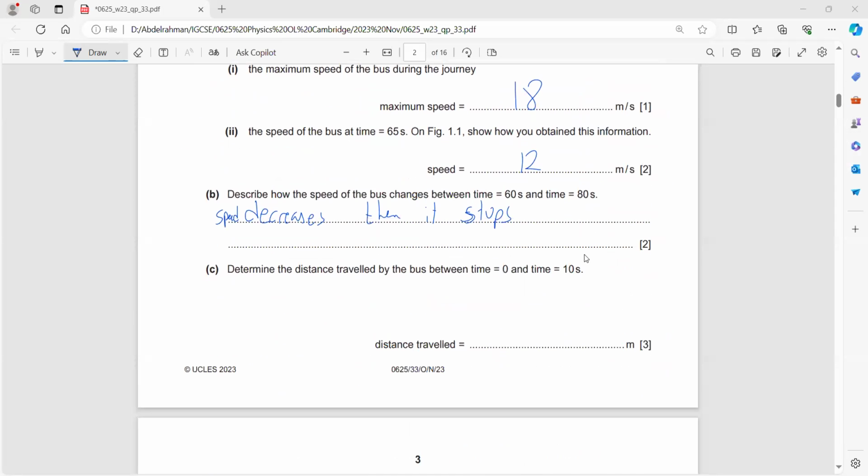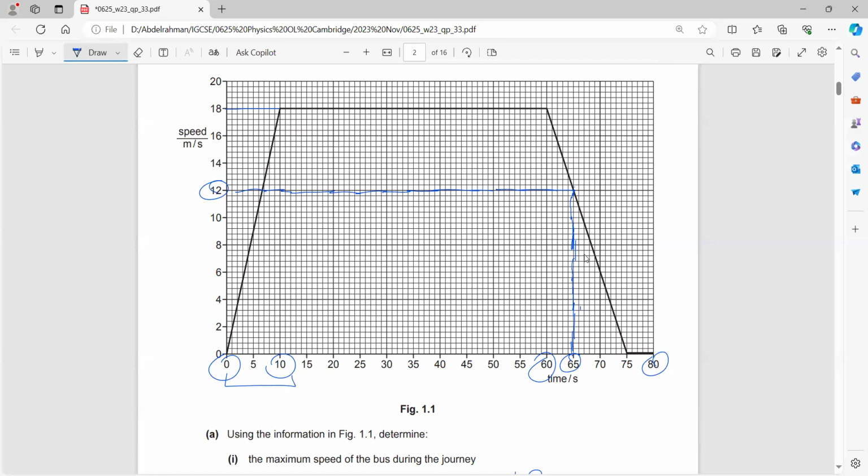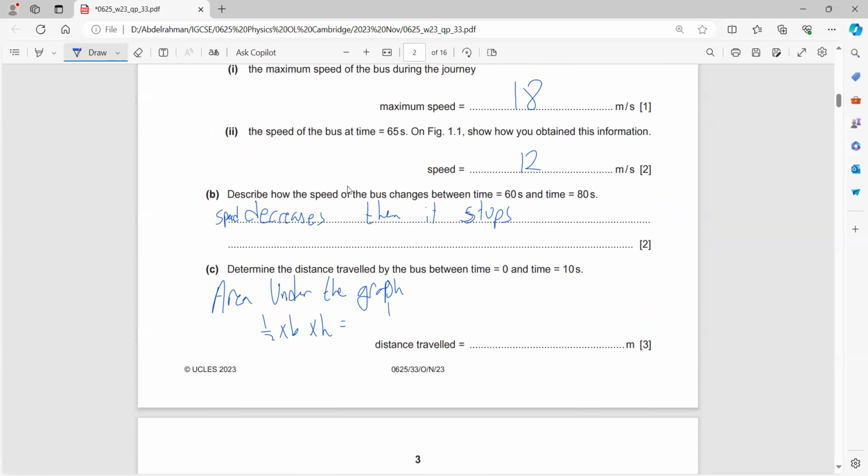The base from 0 to 10 is 10. The height is up to 18. So half times 10 times 18. This would give a distance of 90 meters. Okay.